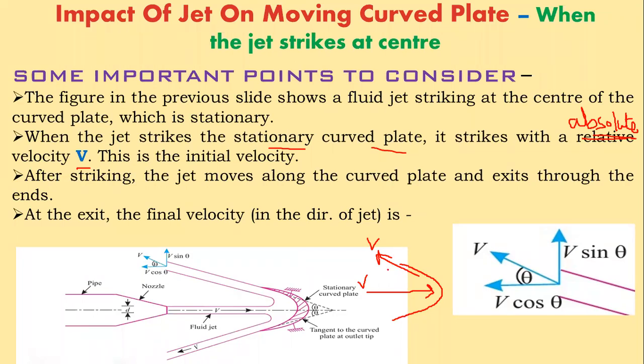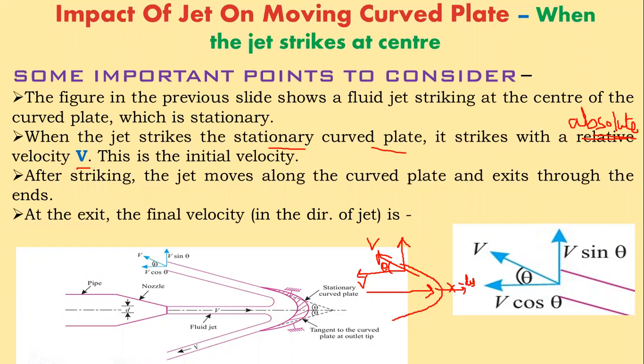Okay, and we want to find out the final velocity in the x direction or the direction of the jet. This is the x direction. So what we are going to do, this V we are going to divide into two components. One is the horizontal, one is the vertical component. Now this here is angle theta, as we have already told you. What is theta? It is the angle between the deflected jet and the horizontal.